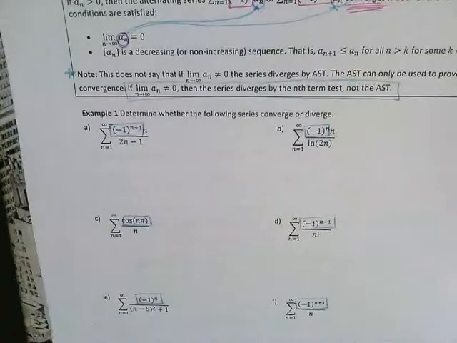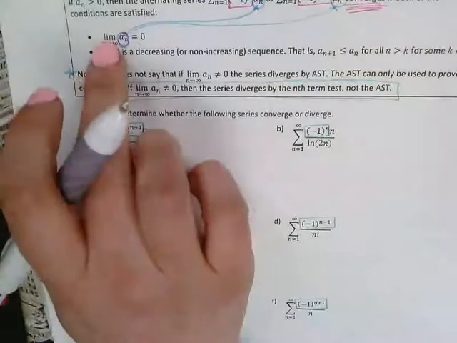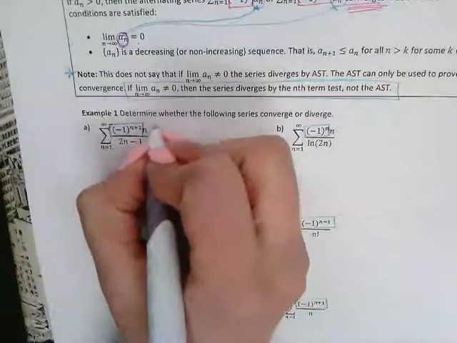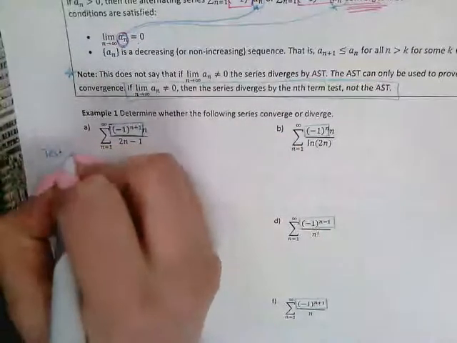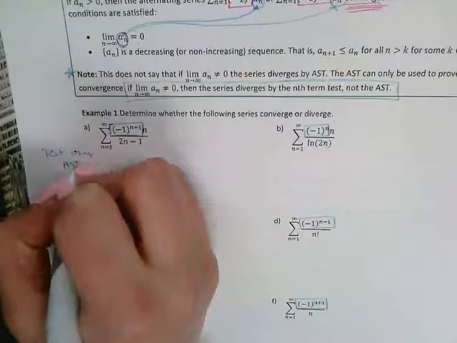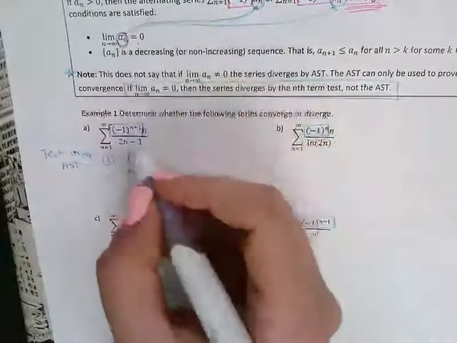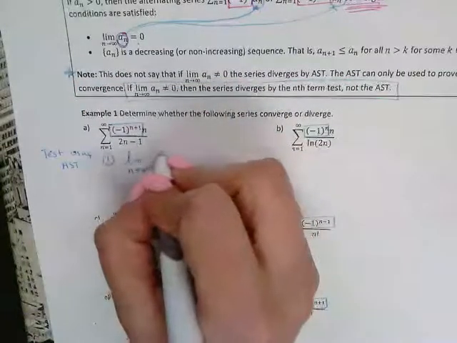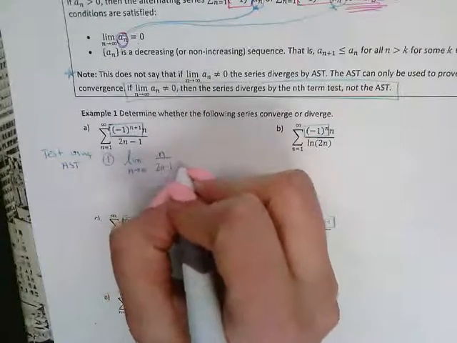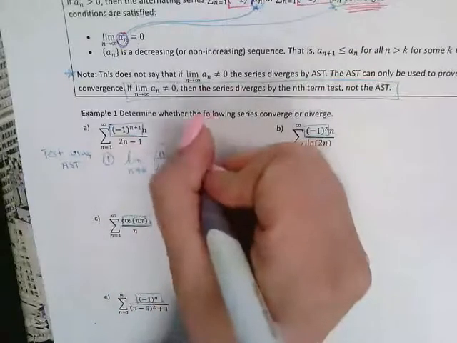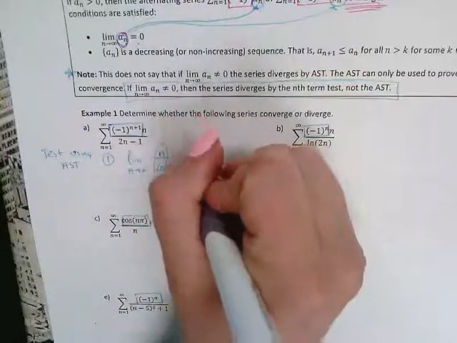The reason why it's important to identify the alternating parts is because we are not going to include those in our little conditions. Okay? So once I've identified that this is my alternating part, I'm going to test using AST, alternating series test. And remember, the first condition means that the limit as n approaches infinity of just the a_n part, so without the alternating part, which is n over 2n minus 1, equals, because we have dominating terms, 1 over 2.